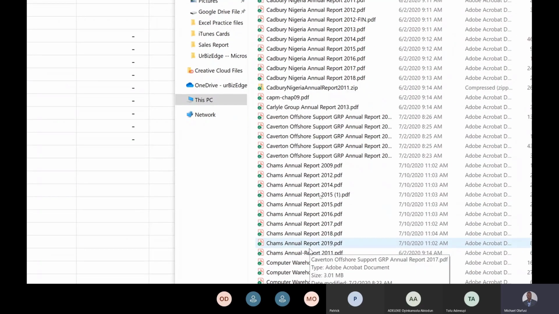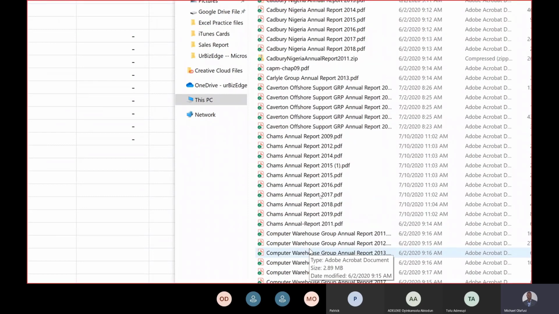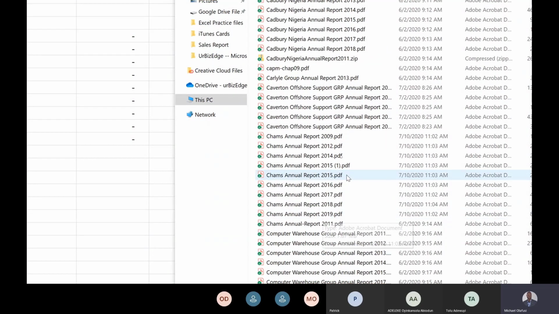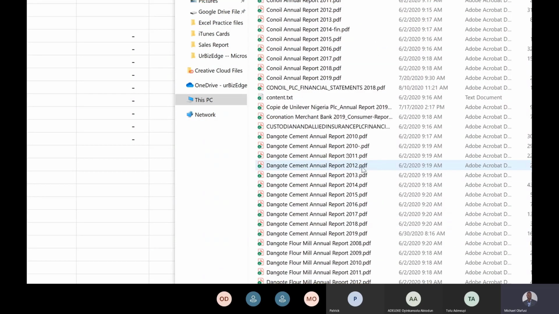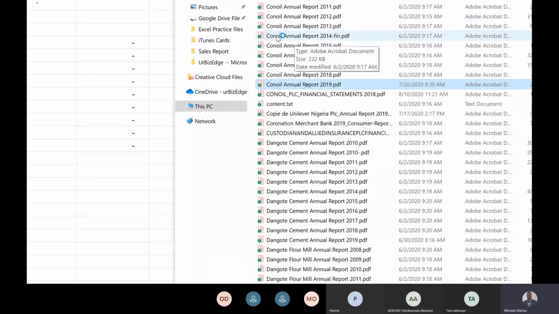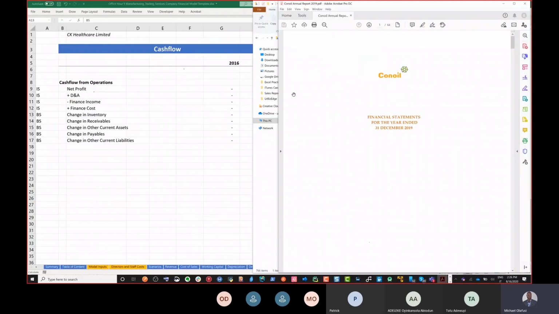Let's pick a manufacturing company. Let's even pick for like 2019. Okay, so maybe we use corn oil, right? So if I open corn oil's annual statement, okay, so let me zoom in. It's coming up.